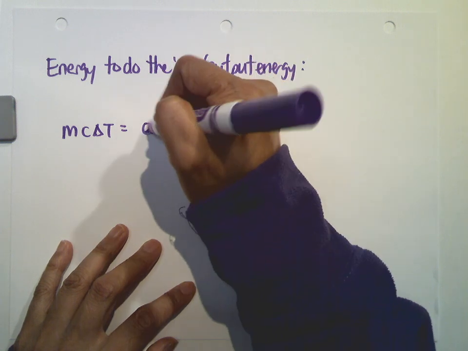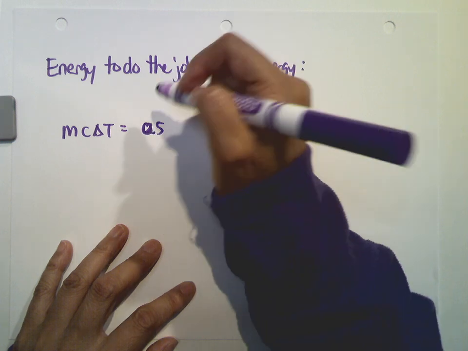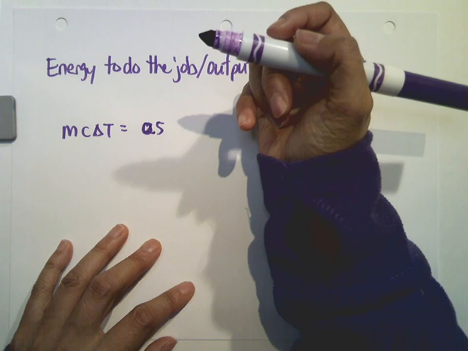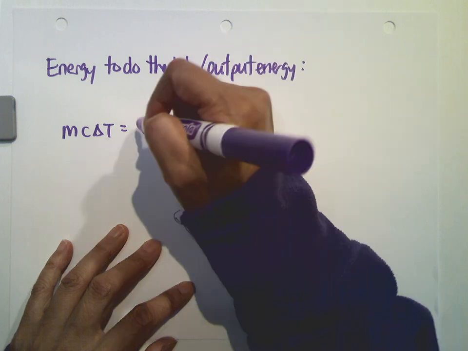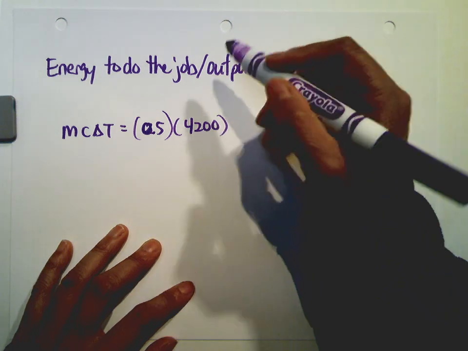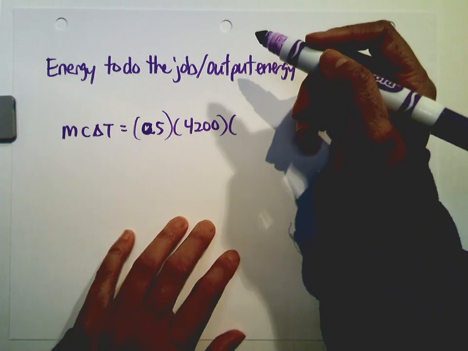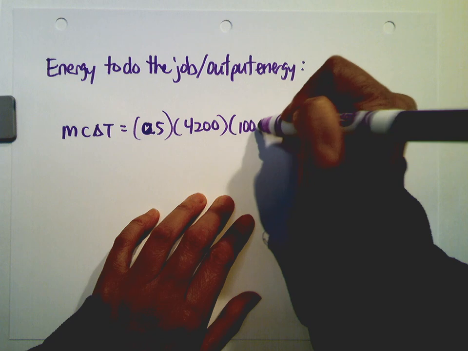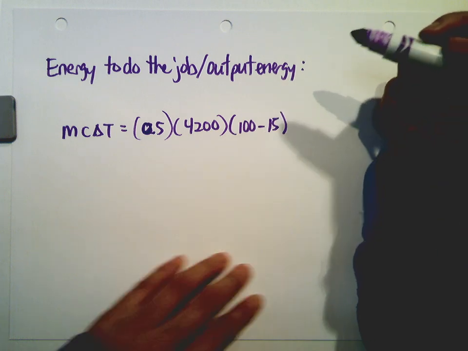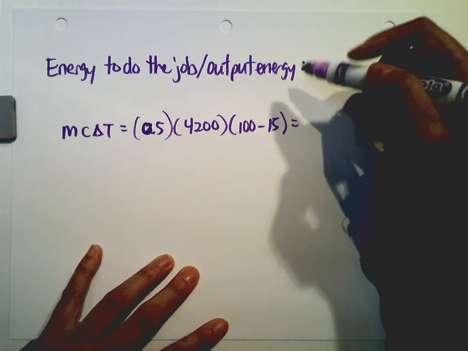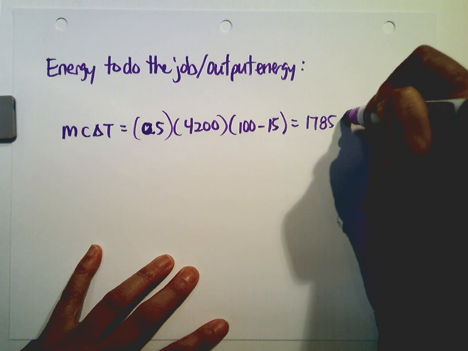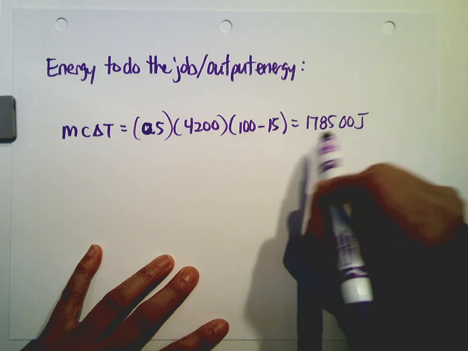Sorry, not 2 kilograms, 0.5 kilograms, which is 500 milliliters, which is 2 cups. And then you have the heat capacity of water, which is 4,200. And then we are boiling it from 15 degrees to 100 degrees, but we're not producing steam. All right, we'll do that later. Work that all out, and it turns out to be 178,500 joules. So there you go.